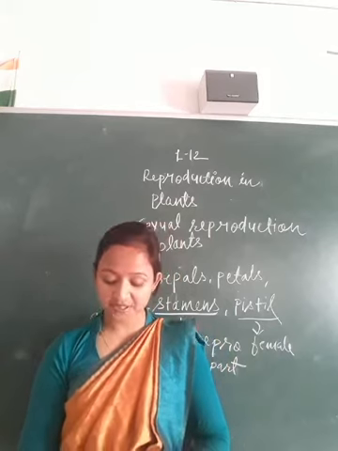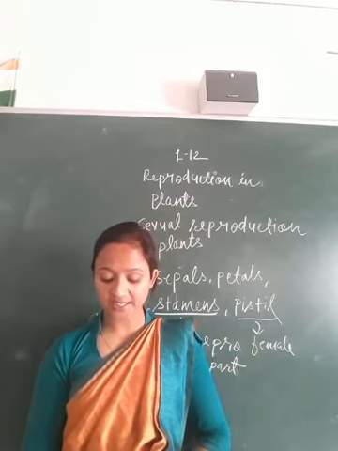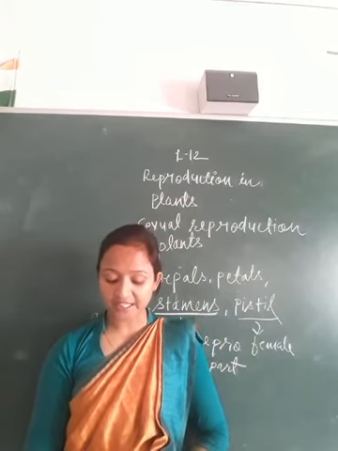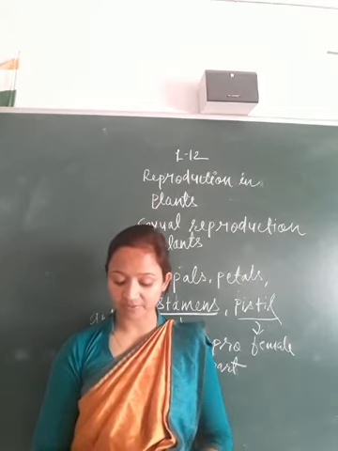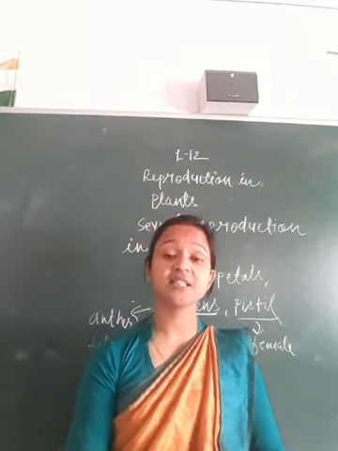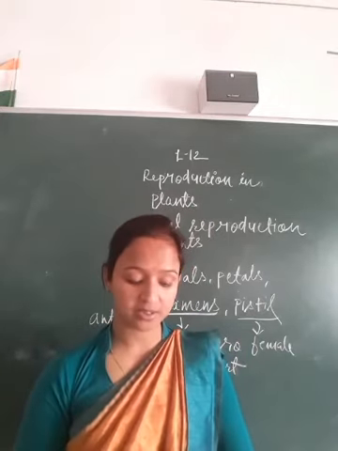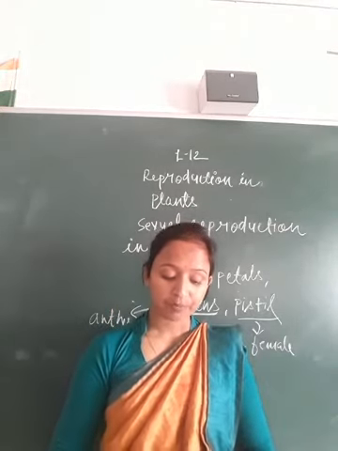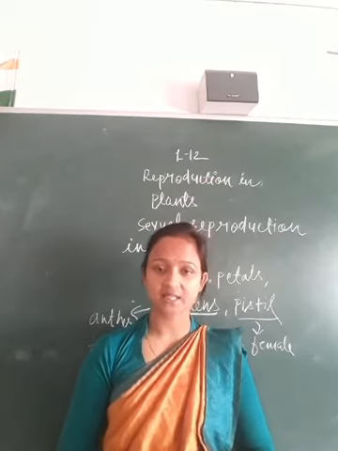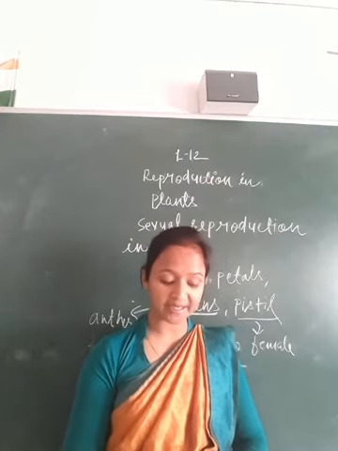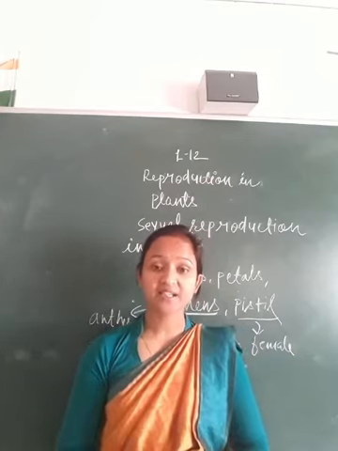Cross-pollination involves various external agencies to carry pollen grains from one flower to another, and these agencies may be air, water, insects or animals. Most flowers are pollinated by insects.